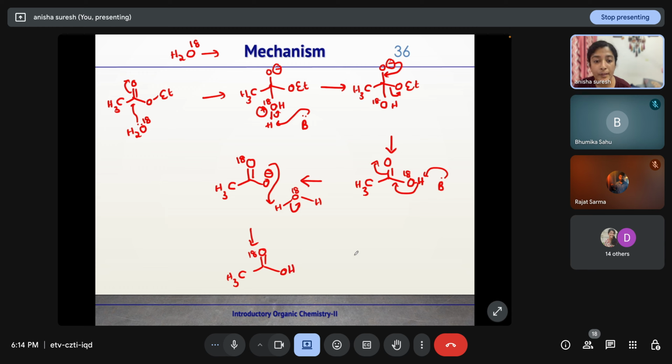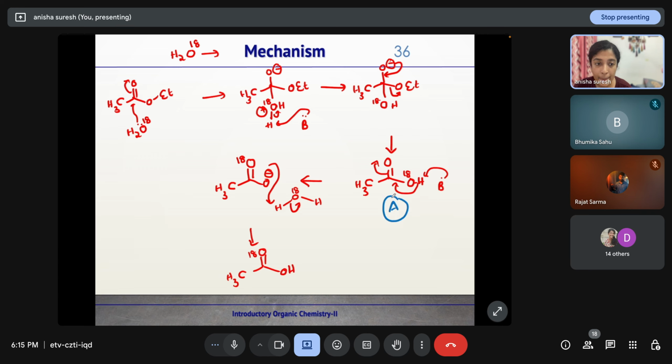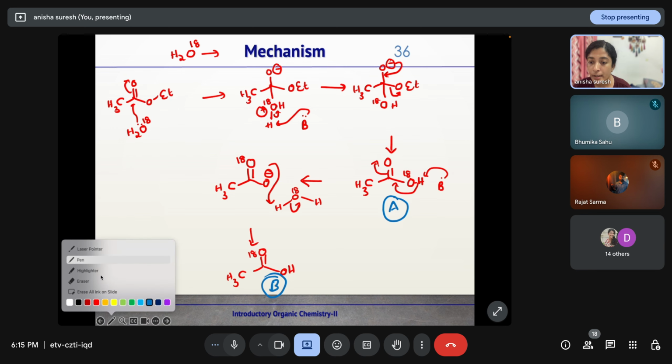So here both these structures, this A and this B, both can exist, right? This oxygen 18 is scrambled between these two oxygens, like this proton. Both structures are possible because of resonance happening in the system.